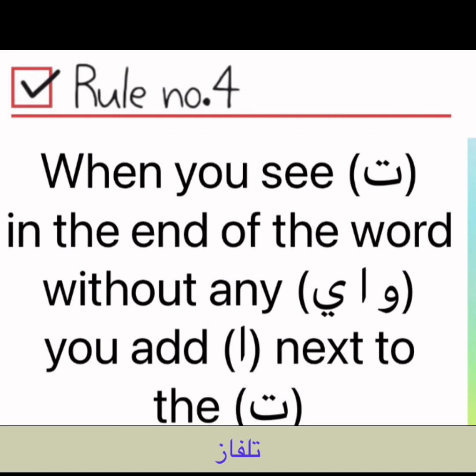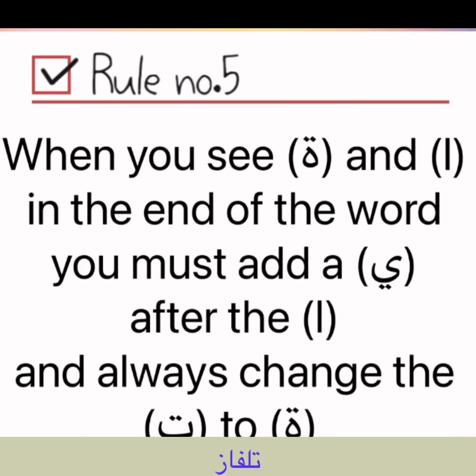So no, rule number 4 can't be applied. Let's go to rule number 5 and see if we can find the answer there. Rule number 5. When you see a تاء مربوطة, it always comes right at the end of the word. تلفاز, there is no تاء مربوطة at the end. So rule number 5 is not here.